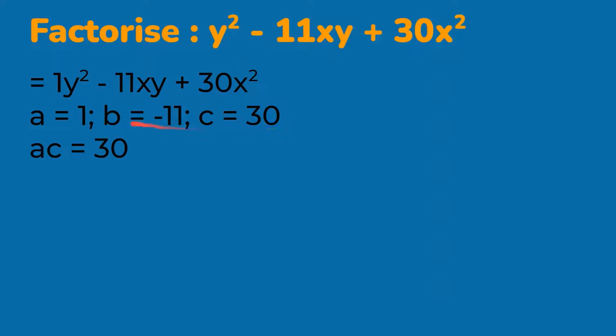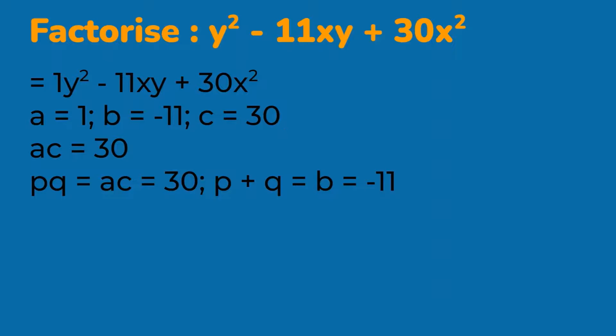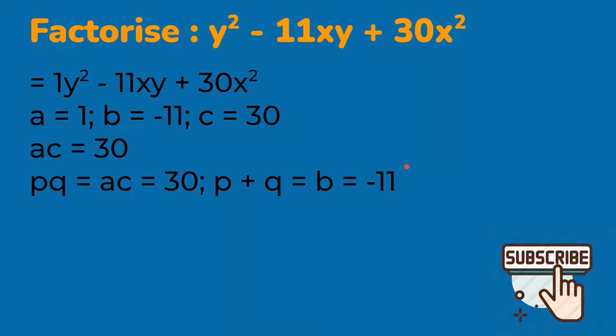So ac is 1 into 30, that is 30, and pq is also equal to 30 because it is equal to ac, and p plus q is equal to b, so that's minus 11. Now we have two numbers whose product is a positive integer, so they should have the same sign, and their sum is a negative integer, therefore they both are negative integers.